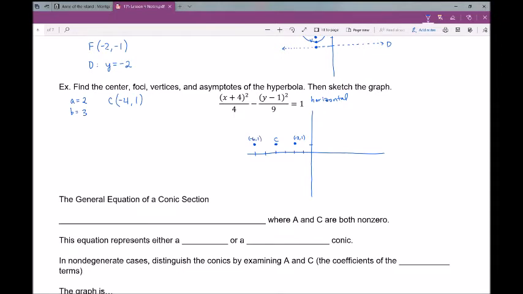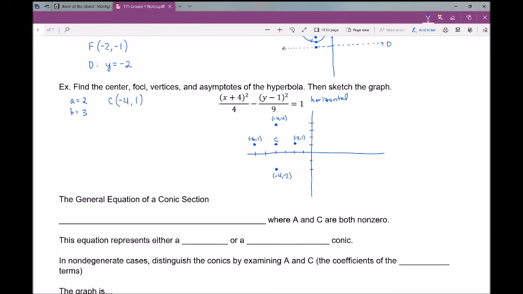For the other sides of our box, to get those points, we look at b equal to 3. So up from the center, we'll go 3 units up. So that will put us about right there. And that's the point -4, 4. And we also need to go 3 units down from the center. So if we go 3 units down, we end up right there. And that is the point -4, -2.